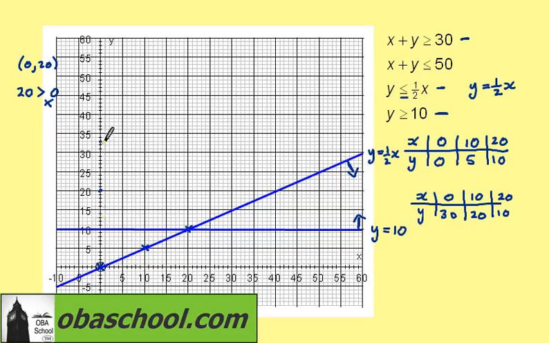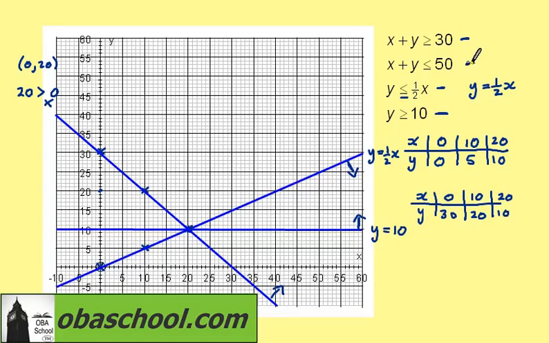So we have (0, 30), (10, 20), (20, 10). Draw a line through these 3 points, and we could use a test point to decide which side we need to be, and we'd find this side.